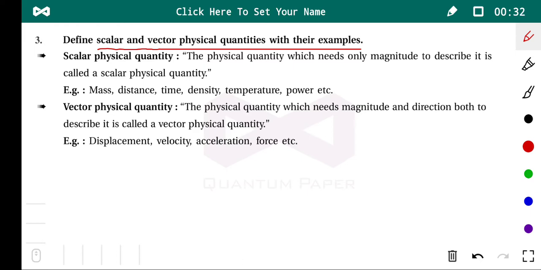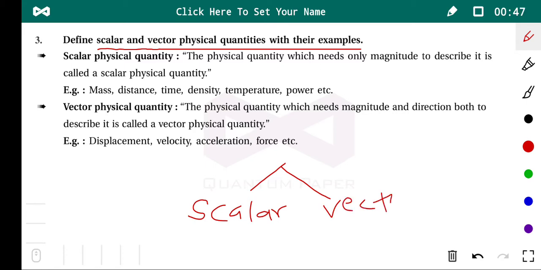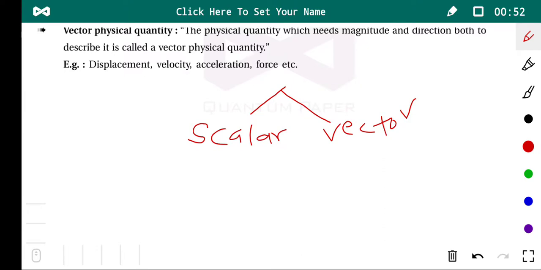One is a scalar physical quantity and another one is a vector physical quantity. So all physical quantities are described in two ways. One is a scalar and another one is a vector. Now a scalar quantity is such that whatever quantity we have to describe, it is described by its magnitude only.